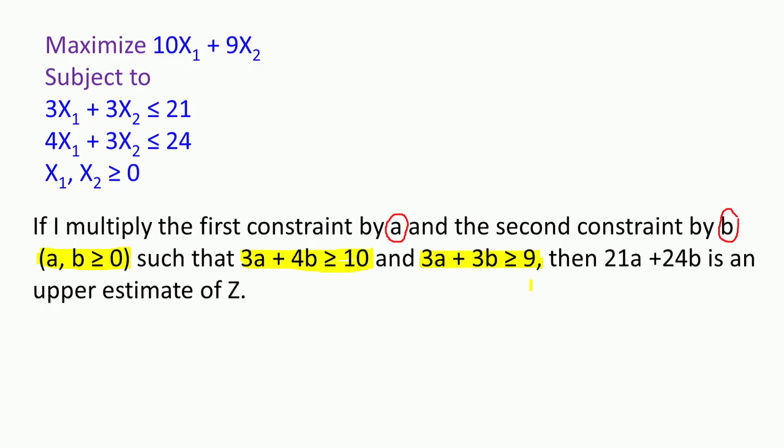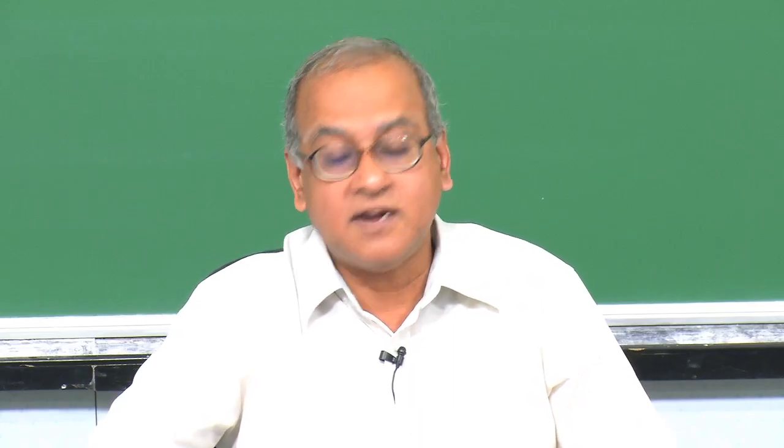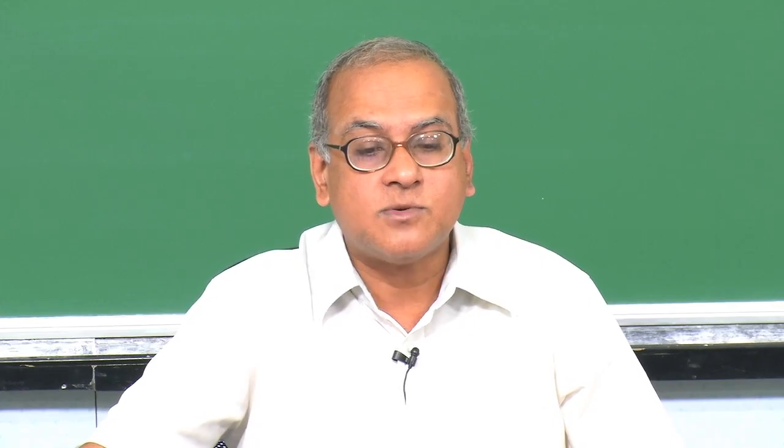If I am able to get A and B that satisfy these two conditions after multiplication, then 21A plus 24B is an upper estimate of the objective function value. Now that is the generalization that we have made based on what we have seen earlier.